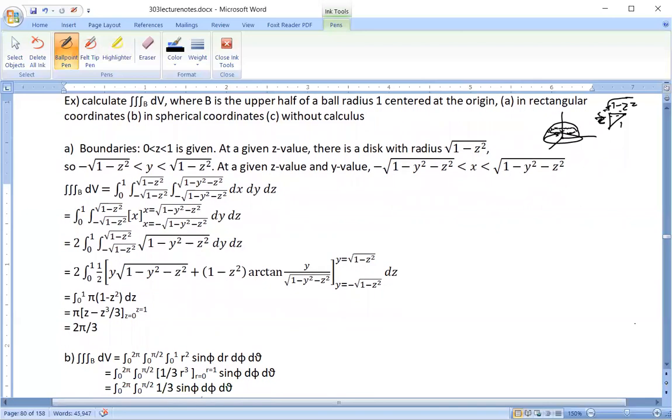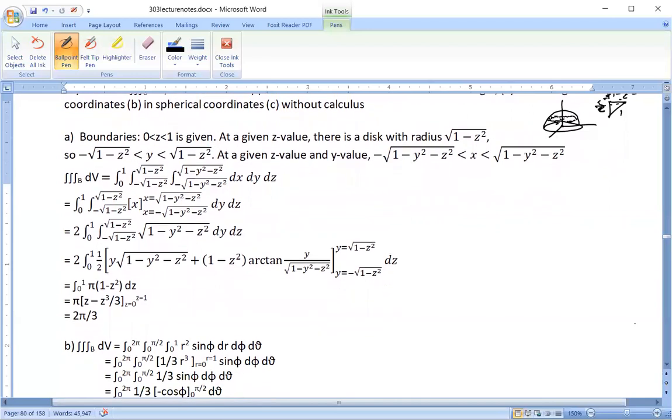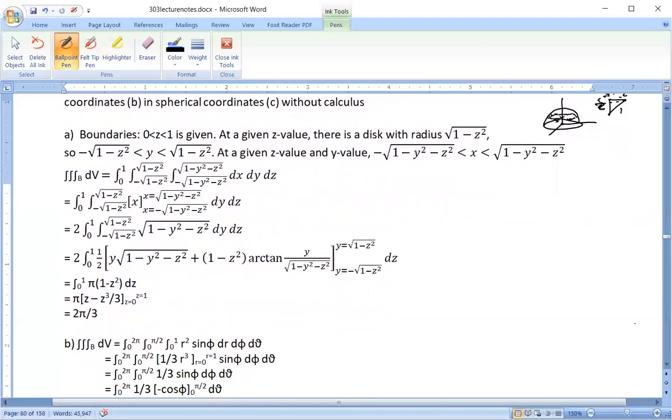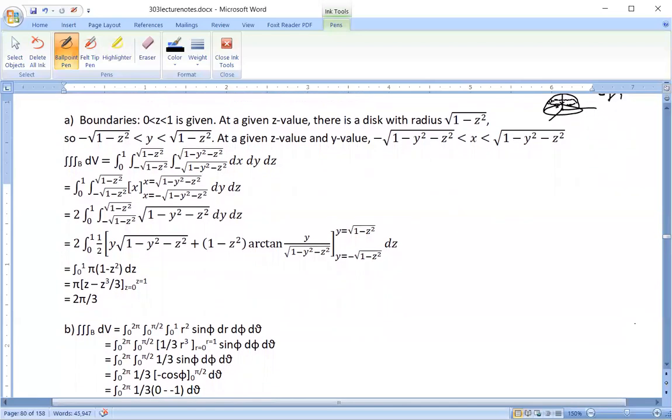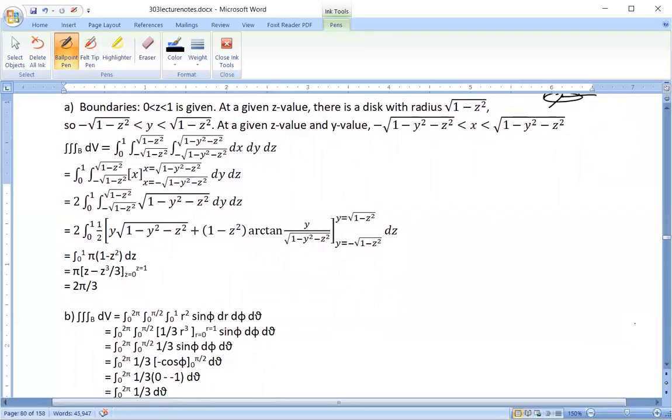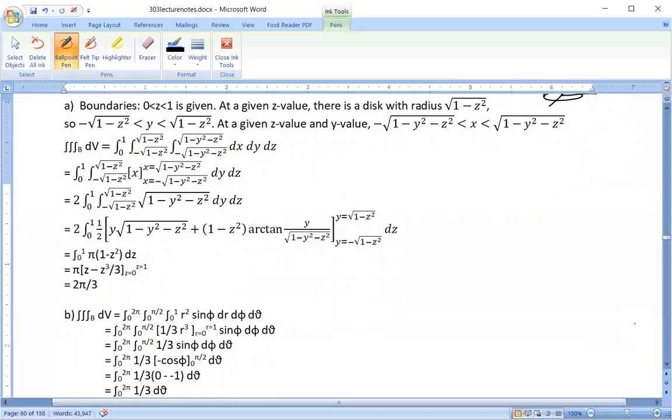Plugging in, we get 1/3 sine phi, and now I've got to integrate d phi, and that gives us, keeping the 1/3, negative cos phi. Then we evaluate as phi goes from 0 to pi over 2. That gives 0 minus negative 1, so that just gives 1/3.